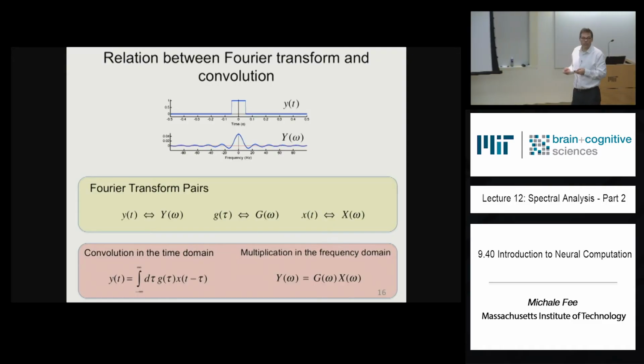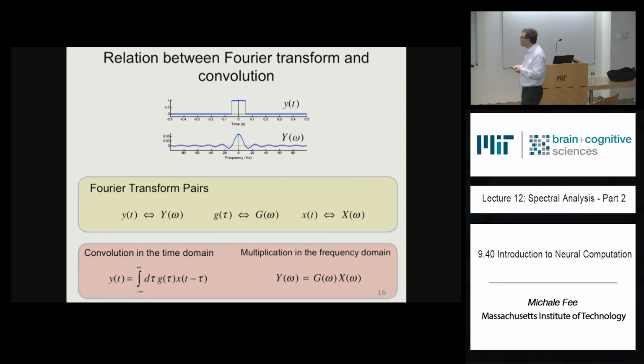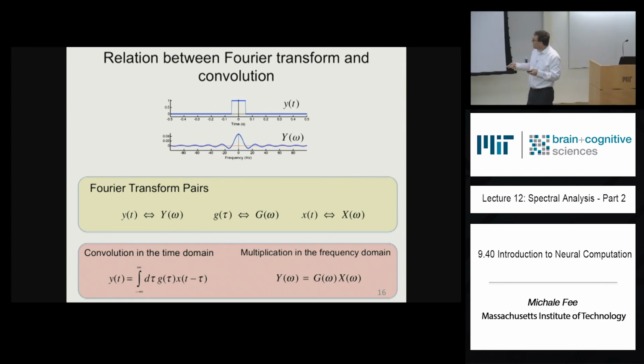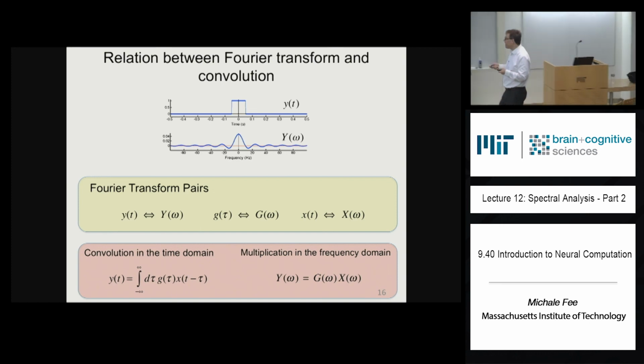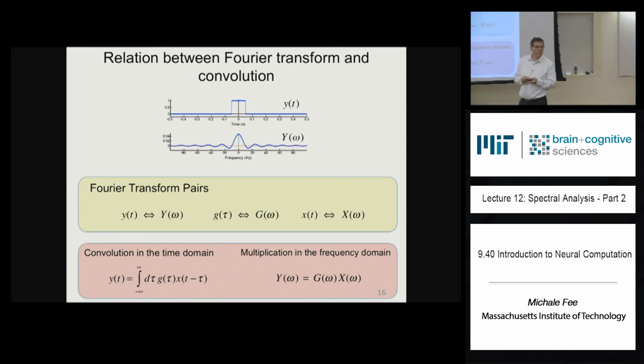Okay, so that's a convolution. The convolution theorem tells us that the Fourier transform of y is just the product of the Fourier transform of G and the Fourier transform of x. Okay? All right? So that you should remember.